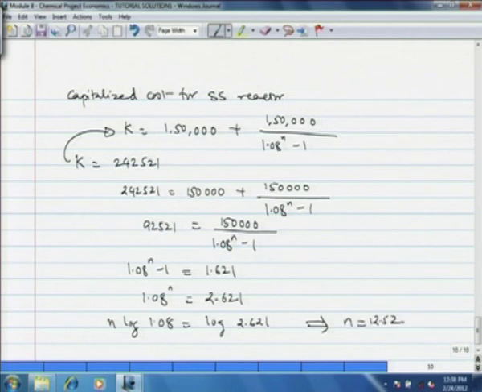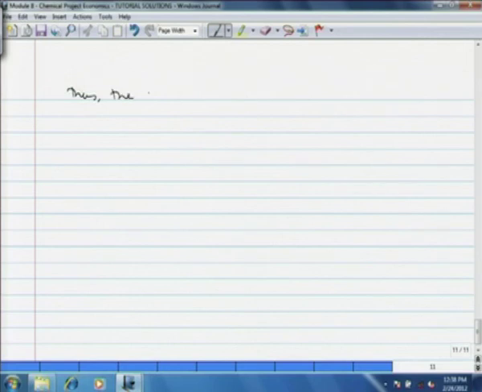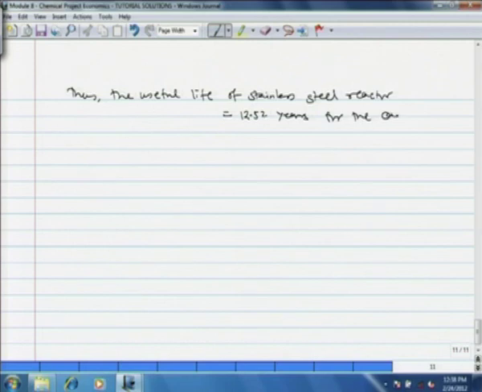Thus, the useful life of the stainless steel reactor should be equal to 12.52 years for the capitalized cost of both equipment to be same. So, this completes problem 4.